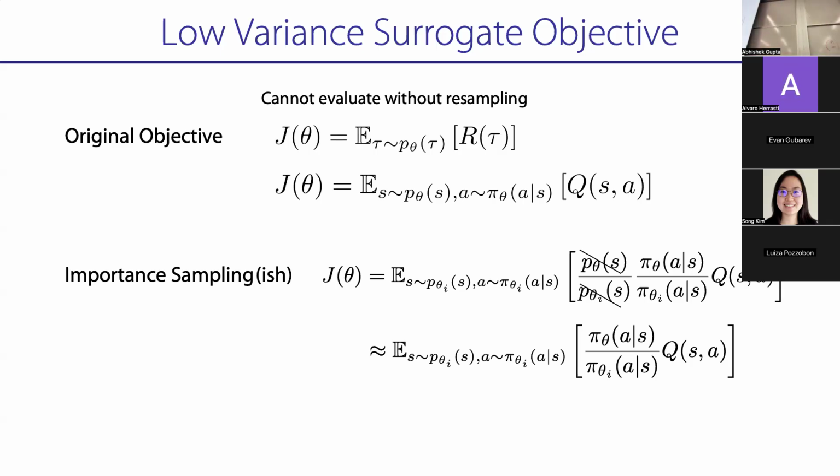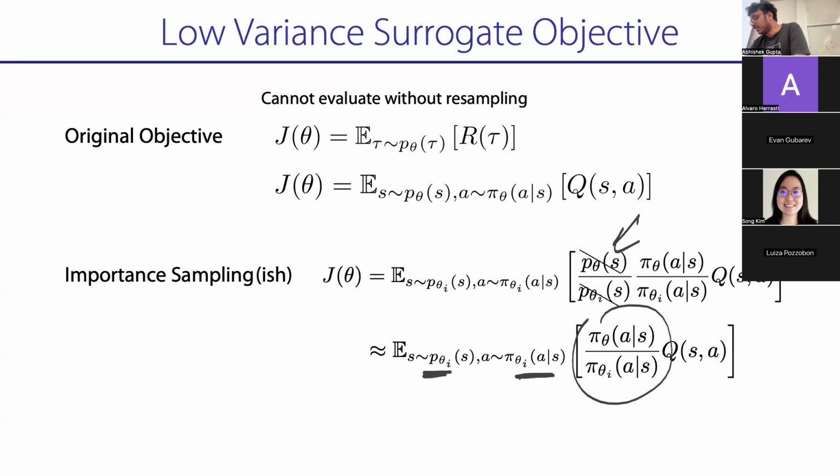The objective you optimize samples states from p_θ' and actions from π_θ', and weights by π_θ over π_θ', but not by the state ratio. That term is the one with all the numerical instability, because it's over multiple steps.